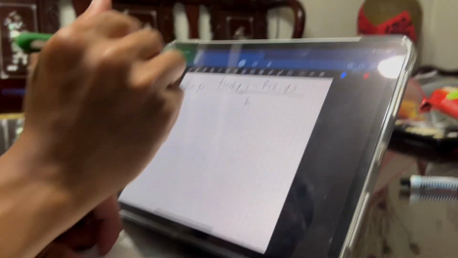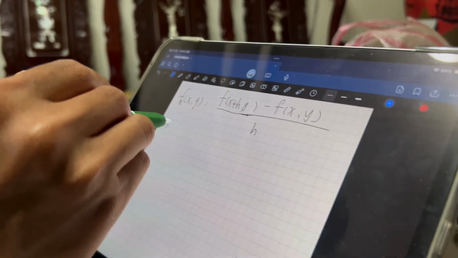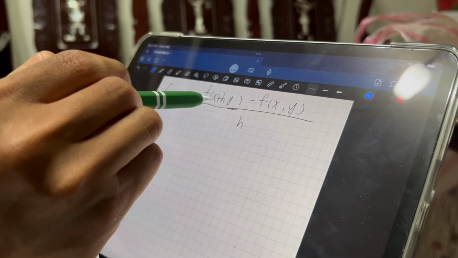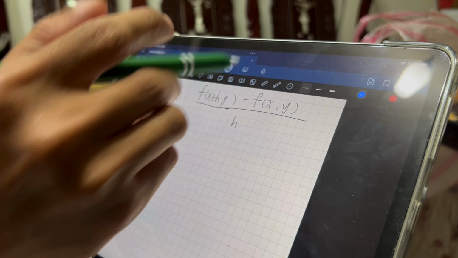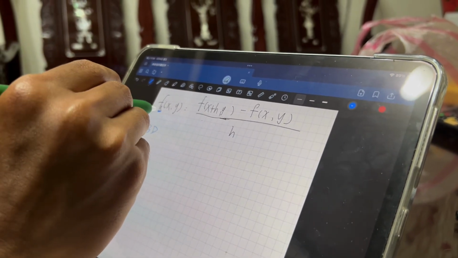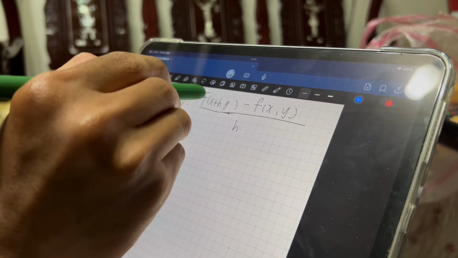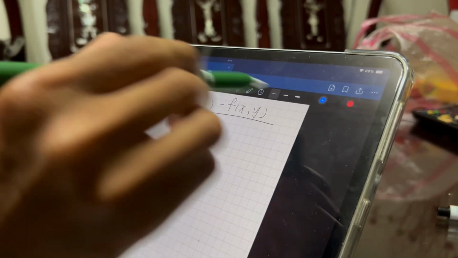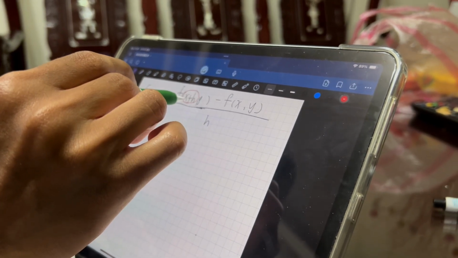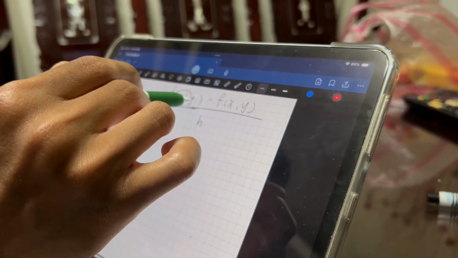Now, as for the three-dimensional case, we can write it like the two-dimensional one. When there is a partial derivative with respect to x, we only need to see the changes in x and not y.